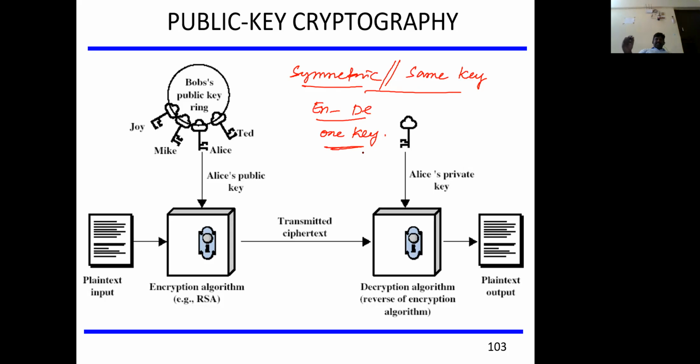The problem with this symmetric key encryption technique is that if the sender is using a key for encryption, the same key has to be shared with the receiver in order to perform the decryption, right? Now the problem is that whenever the user tries to share the key, there are chances that the security of the key can be compromised.